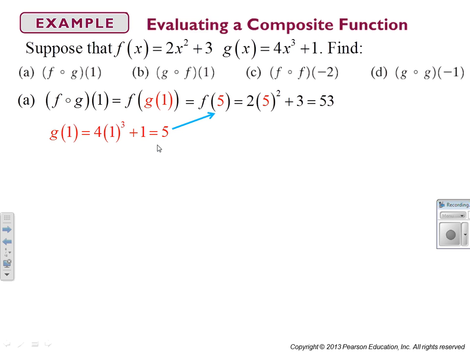So f of 5 is 2 times 5 squared plus 3. 5 squared is 25, times 2 is 50, and plus 3 is 53. So let's look at b. b is g of f of 1. So I'm going to take my f function, plug in a 1.